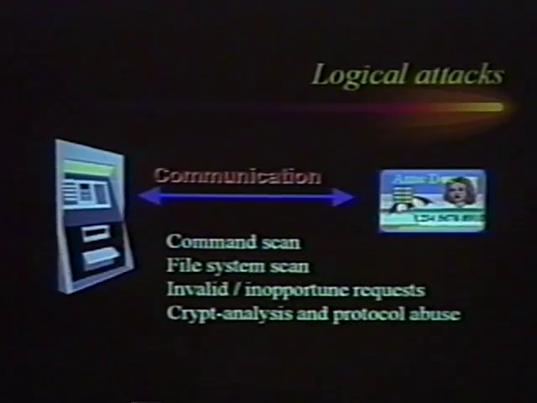Finally, we've got cryptanalysis and protocol abuse. It's a bit different type of attack. It needs a very clear mind, understanding how the cryptography works. An example is the GSM authentication algorithm COMP128. This was originally a secret algorithm.